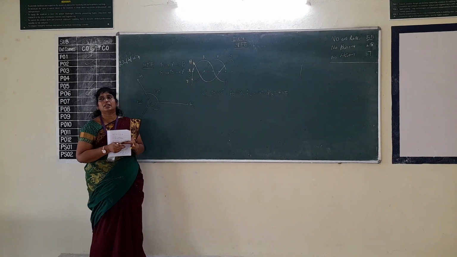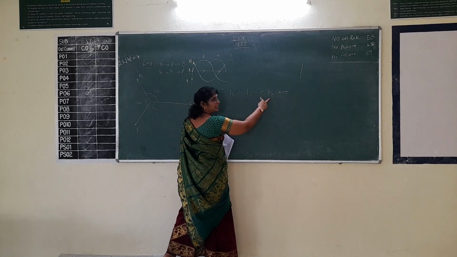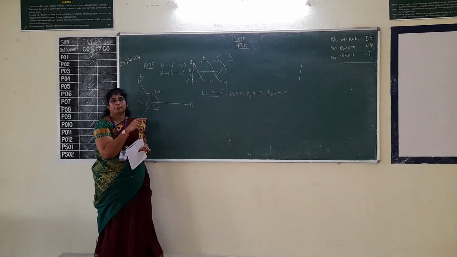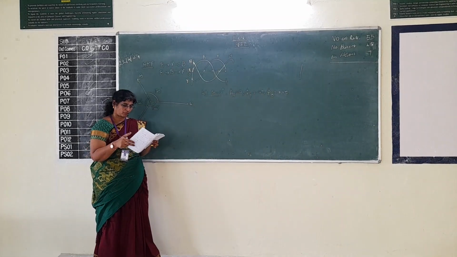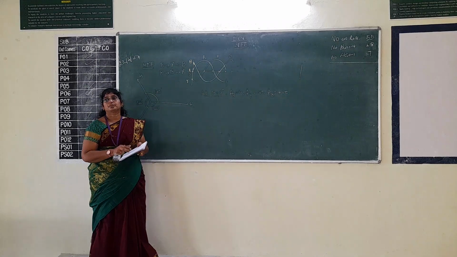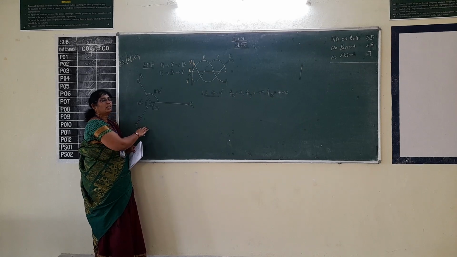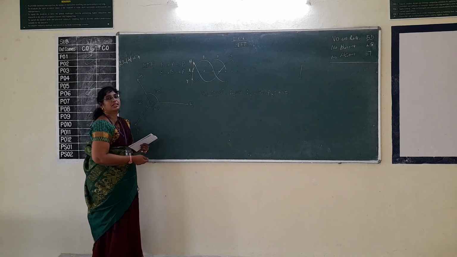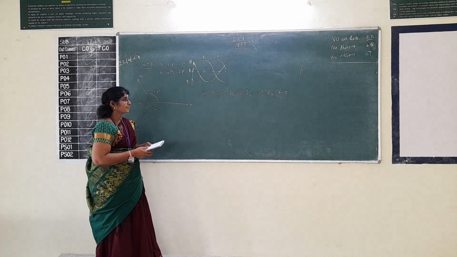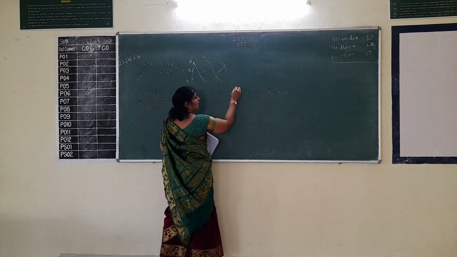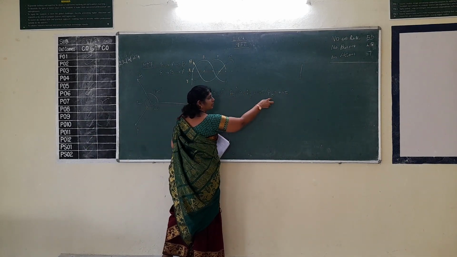So with this we can conclude only two fluxes are interacting at a time. Now redraw this phasor diagram according to this condition.